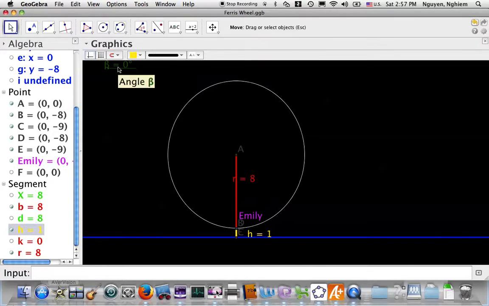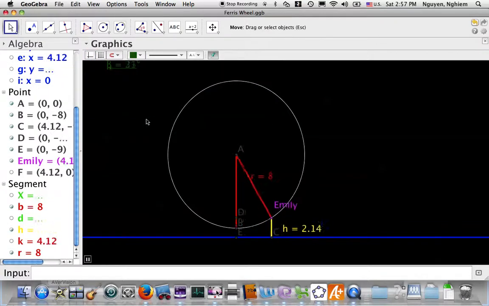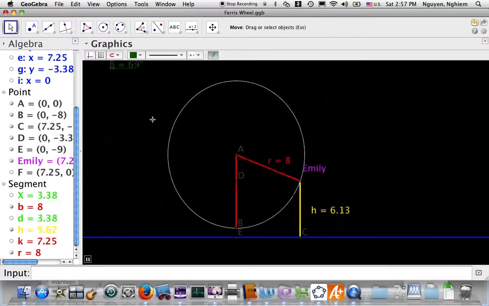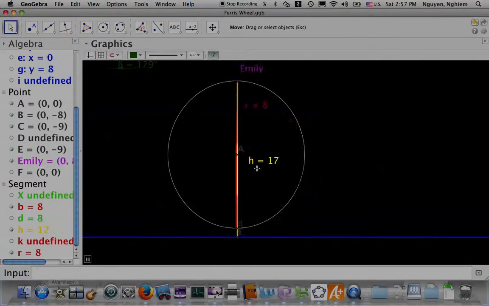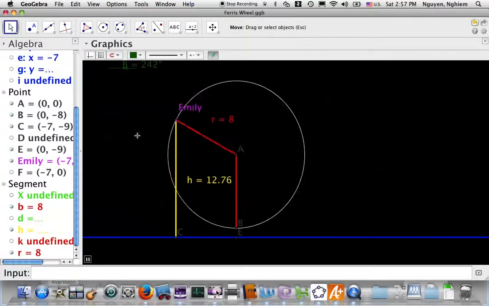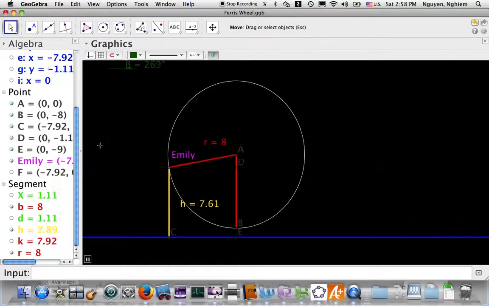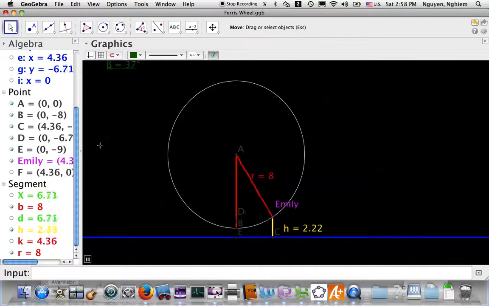Okay, and Emily is moving around this wheel. And as you can see, as she moves around this wheel, we can look at how high off the ground she is. So she was just at 17, and now the wheel is spinning around, and she's getting lower and lower to the ground. And then she returns right here, back at her starting point, and then she keeps on going.